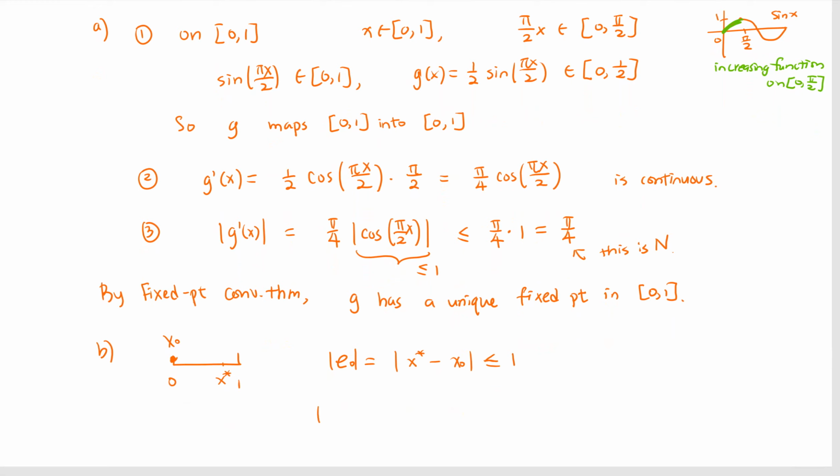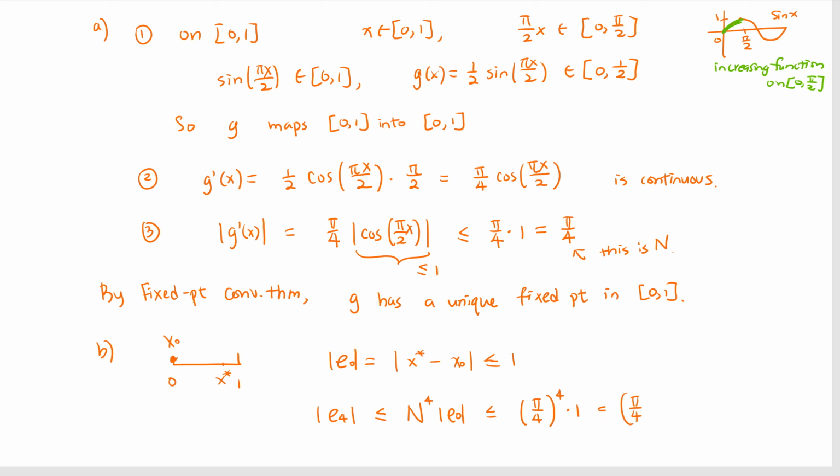And then we're looking for e4, right? So e4 is less than or equal to the formula n to the 4 times the absolute value of e0. n is pi over 4, right? Pi over 4 to the 4, and e0 is less than or equal to 1.